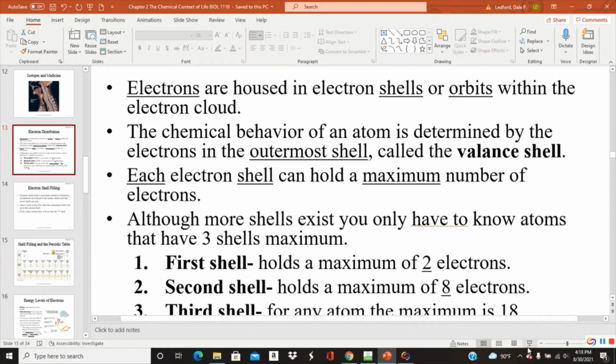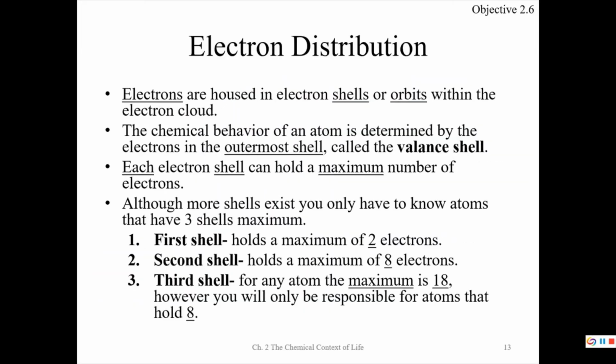All right. Now, so we have a shell, an orbit that each electron can fit in. The electrons of the outermost shell, called the valence shell, determine all the chemical reactivity. Now, the valence shell, what I want to help you guys understand, is the outermost shell. It doesn't matter if it's only got 1 shell, 2 shells, 3 shells.